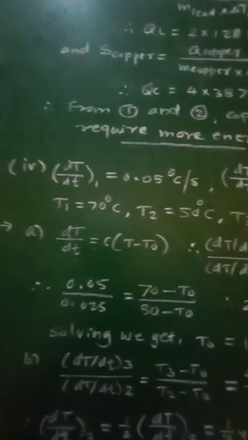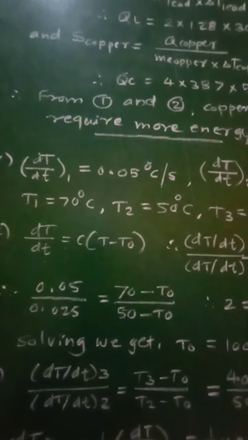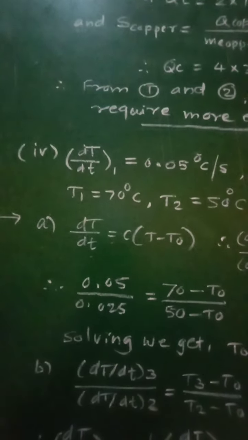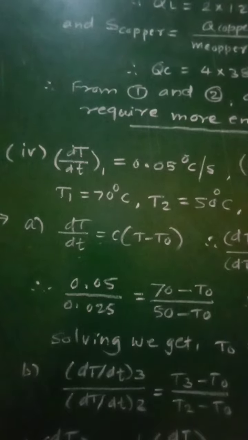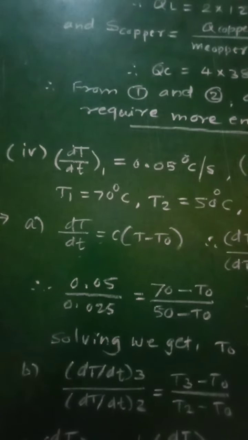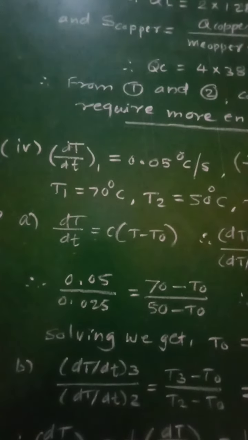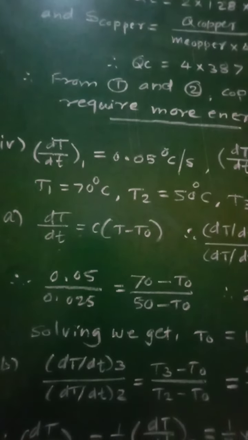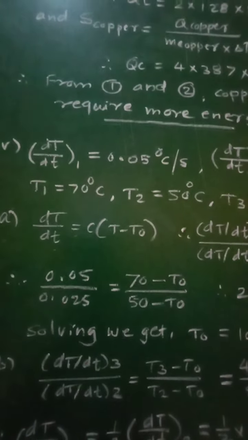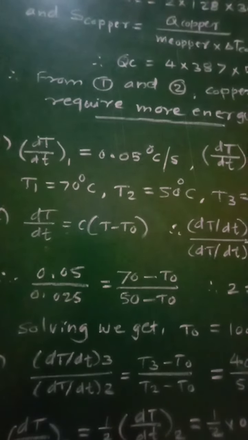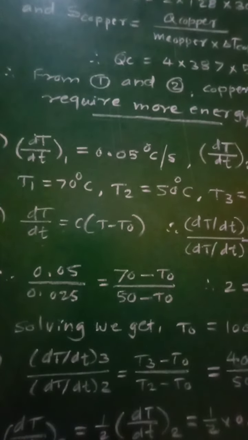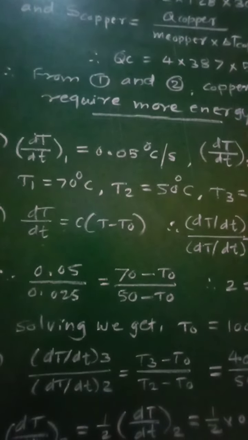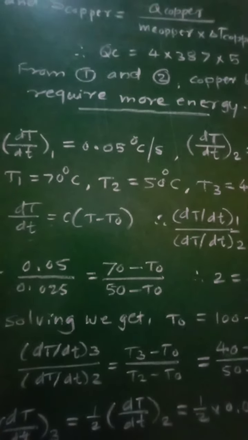Then let us consider the fourth numerical. It is given that a metal sphere cools at the rate of 0.05 degrees Celsius per second when its temperature is 70 degrees Celsius, and at the rate of 0.025 degrees Celsius per second when its temperature is 50 degrees Celsius.